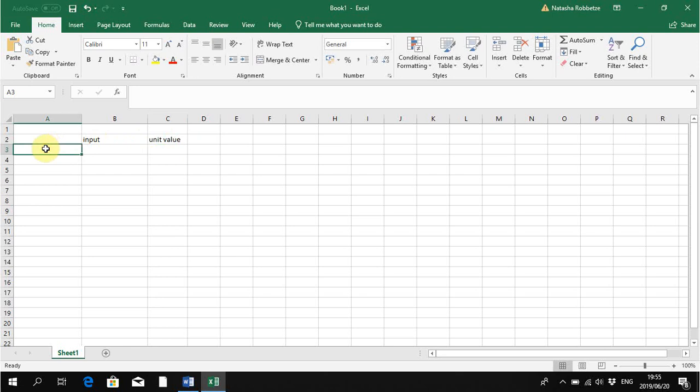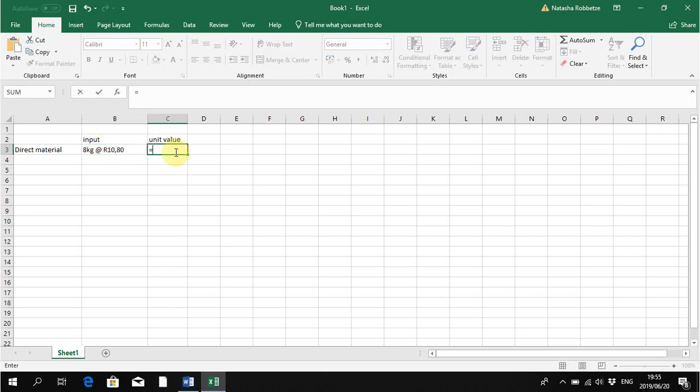So I'm going to start with direct material. And for the direct material, we were told that the input was 8 kilograms at a total of 10 Rand 80 per kilogram.